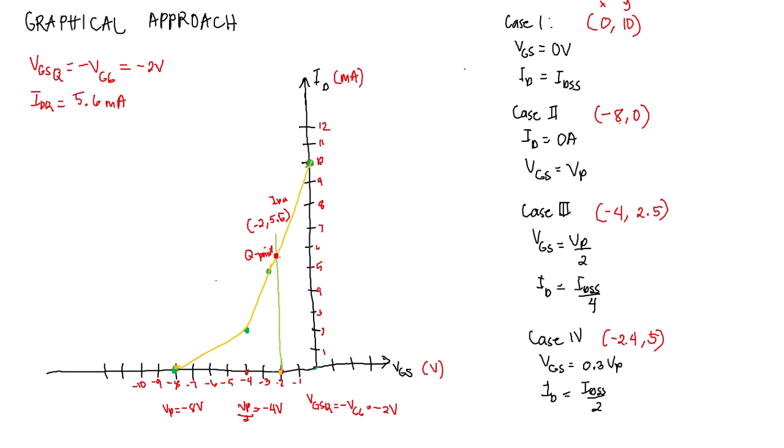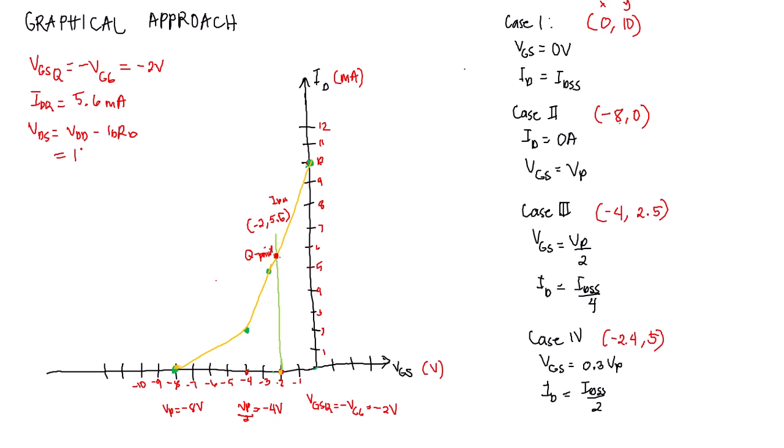For the VDS, based on the 5.6 milliamperes, we have VDD minus IDRD again.